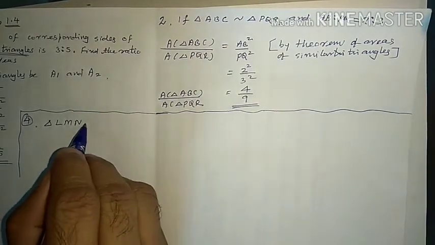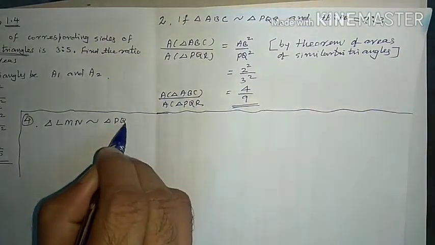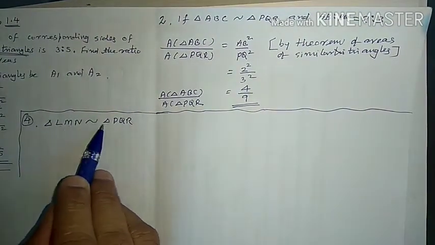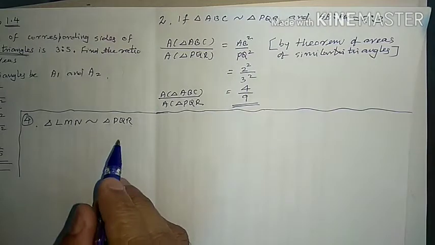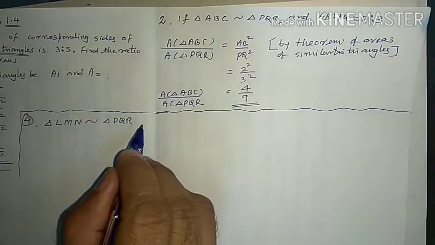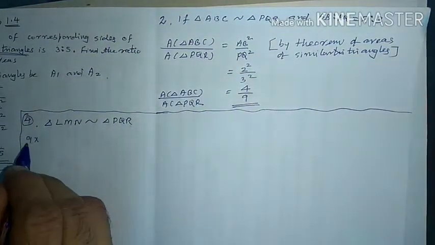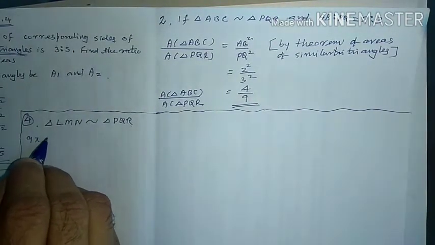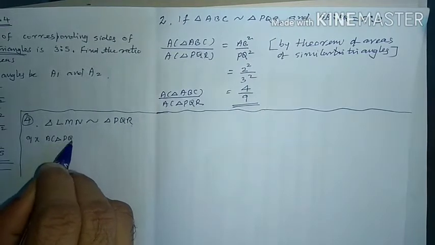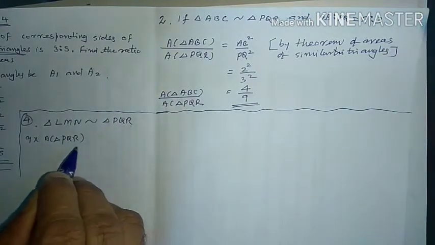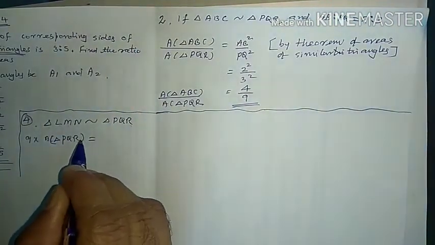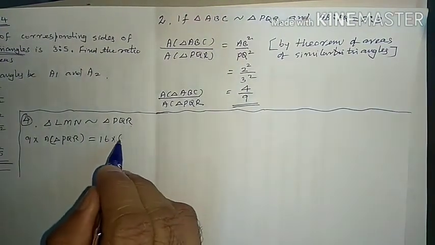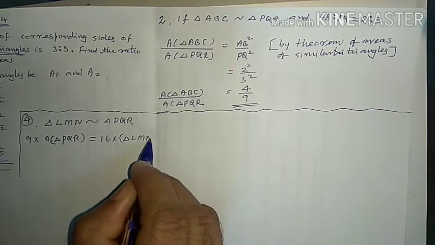Triangle LMN similar to triangle PQR, and also given 9 times area of triangle PQR is equal to 16 times area of triangle LMN.